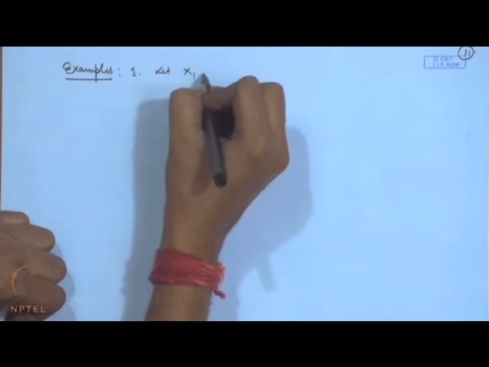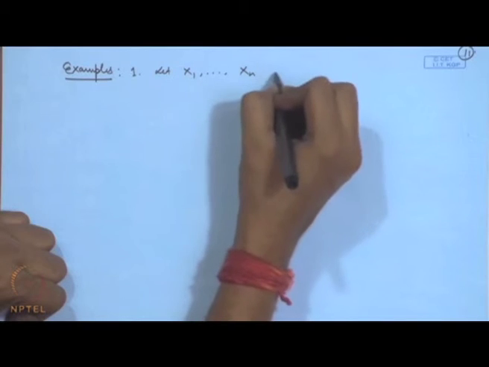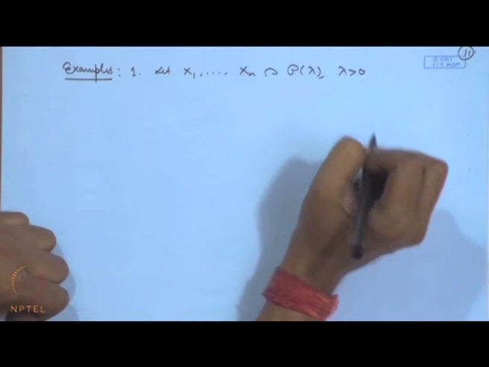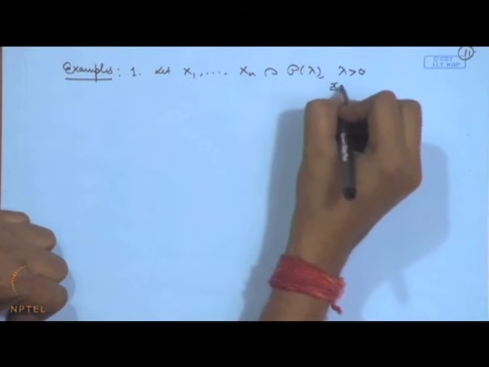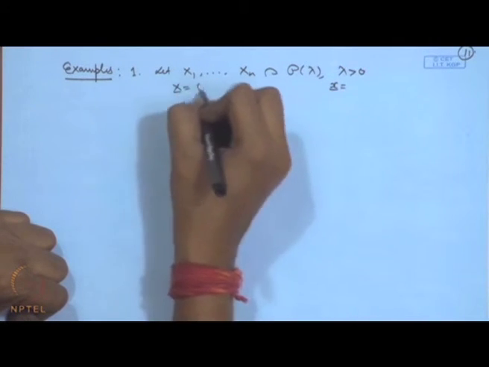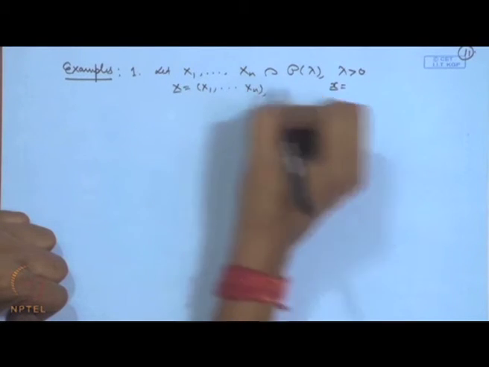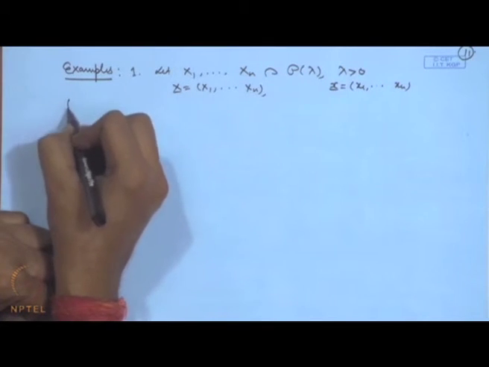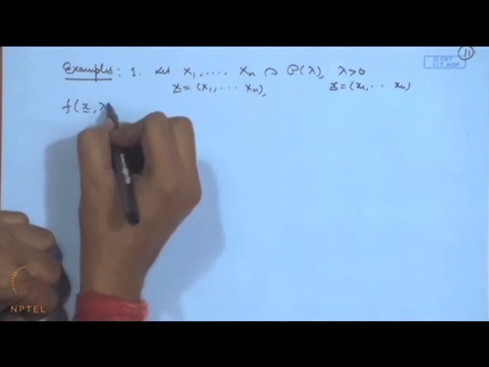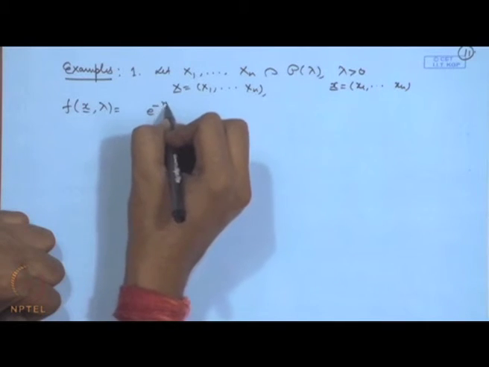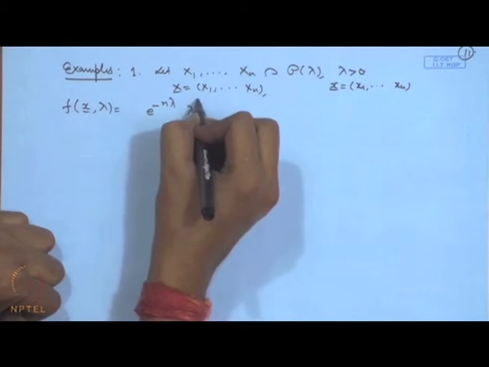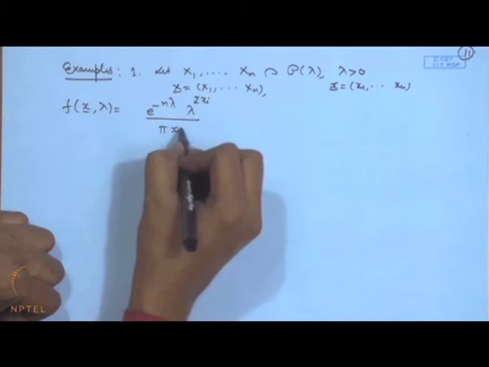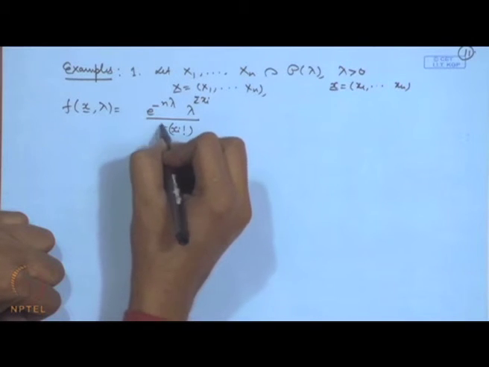Let us consider the cases of the standard distributions. Suppose I consider the Poisson(lambda) distribution, and we denote by X the sample X1, X2, ..., Xn, and by small x we denote the points. So, consider f(x, lambda) here, that is e to the power minus n lambda, lambda to the power sigma x_i, divided by product of x_i factorial, i is equal to 1 to n.